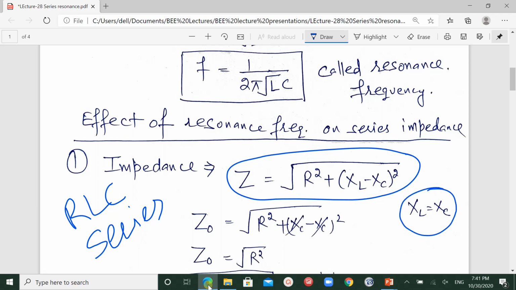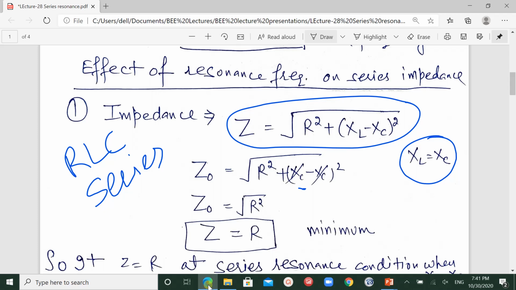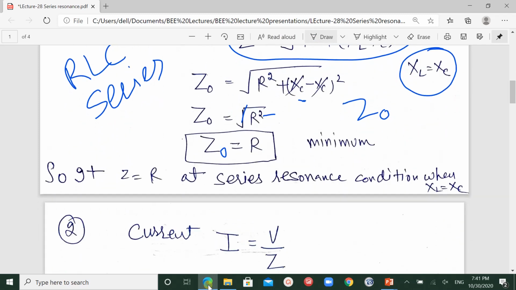So we replace XL with XC, these two values cancel, and we are left with Z equals the square root of R square, so Z equals R. Z naught equals R, where naught means the resonance value. So Z is equal to R at the series resonance condition when XL equals XC.